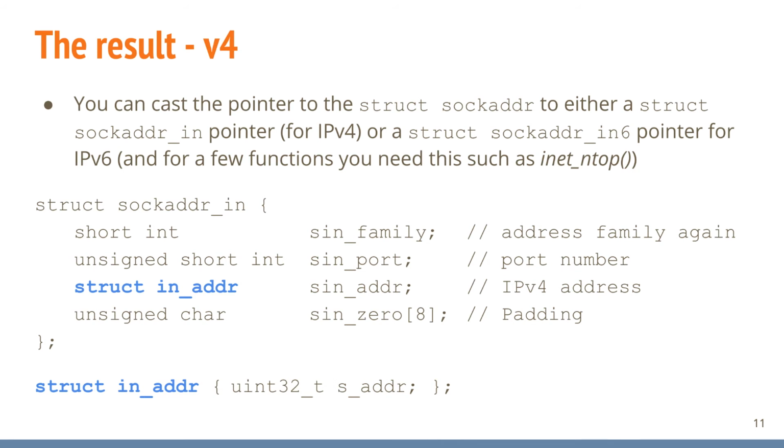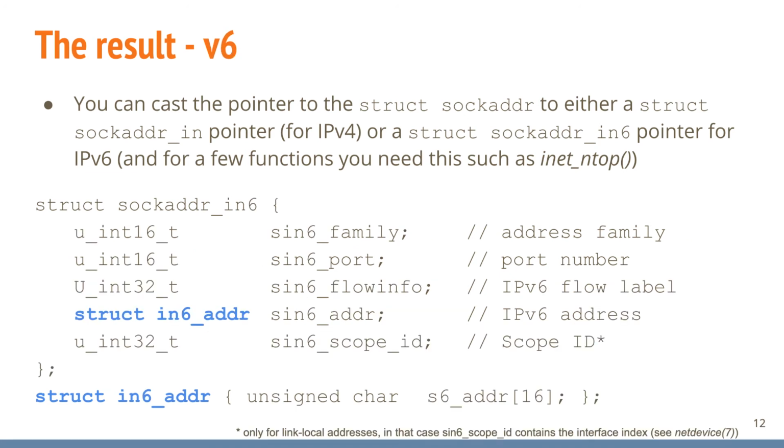In case you deal with an IPv6 address, you cast to a different structure, which is called sockaddr_in6. Again, in order for the cast from a sock address structure to actually work, the first member represents the address family. The second represents the port again, but what follows next is an IPv6 specific piece of information, and that is the flow label.